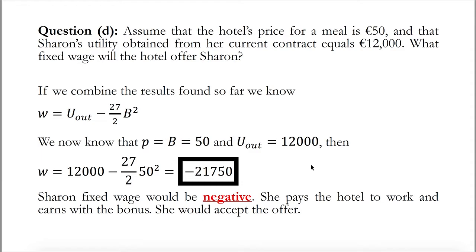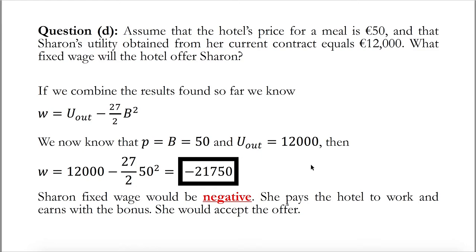So this can look like a strange result because this is a negative wage, but this is not something uncommon in the real world. You can think that in this case Sharon's fixed wage would be negative. This means that Sharon would pay the hotel to work and earn with the bonus.